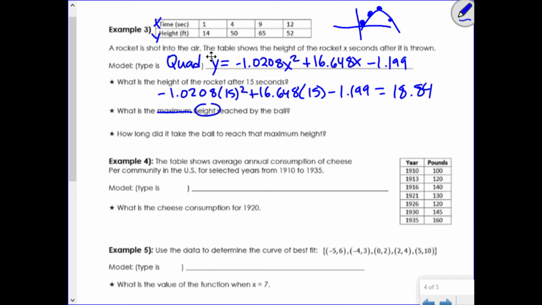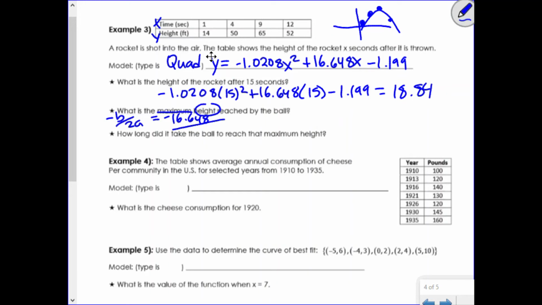Well, how do I find the y at the vertex? You just find the x first and plug it in. How do I find the x? Remember, when I'm asking you to find the maximum or minimum y, you have to find negative b over 2a first, and then whatever that is, you plug it in. So if we take our b here, it's negative 16.648, and then I'm going to multiply a times 2 really quick.